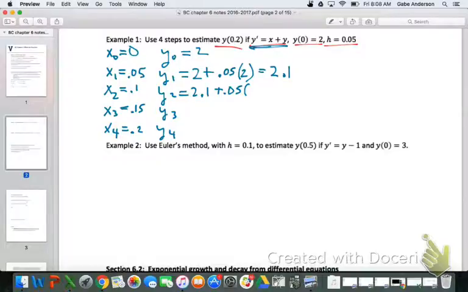So the previous point was 0.05, comma 2.1, right? So what would be the slope based on that previous point? 2.15. I'm getting my slopes from my differential equation, basically 2.1 plus 0.05.